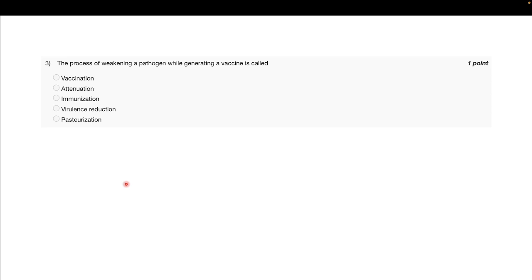So the next question is, the process of weakening a pathogen while generating a vaccine is called what? So we just talked about this in the introductory slide as well. So if anybody wants to volunteer. Attenuation. Okay, we have one answer as attenuation.